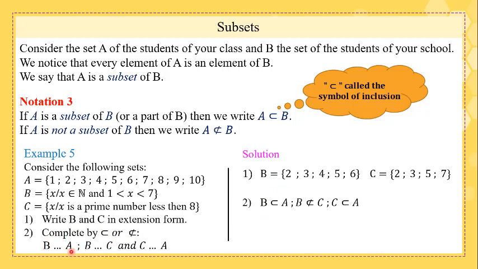B and A. We have that B is a subset of A because all elements of B are in A. Then B is included in A. B is not a subset of C because the element 4 here is not in C. Therefore, B is not included in C. C is a subset of A because all elements of C are in A. Therefore, C is included in A.